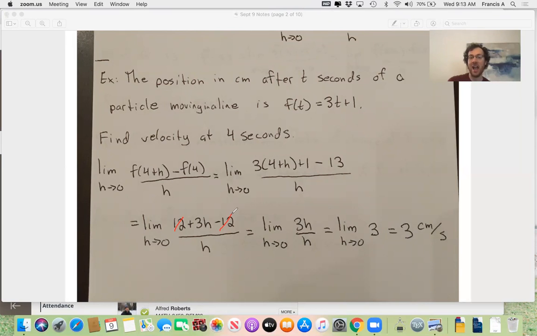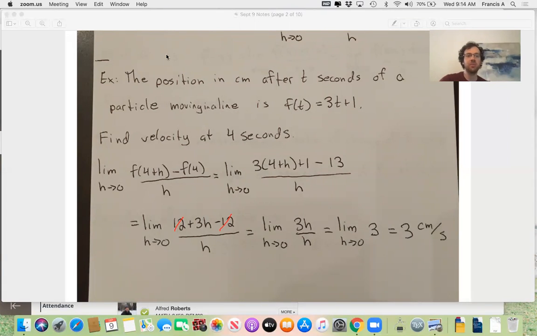And if that isn't happening, then you should think, maybe I did something wrong, and you need to go back and see where that happened. And so after everything that doesn't have an h cancels, we're left with just this 3h on the top.